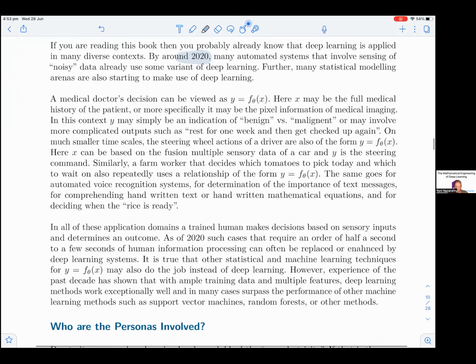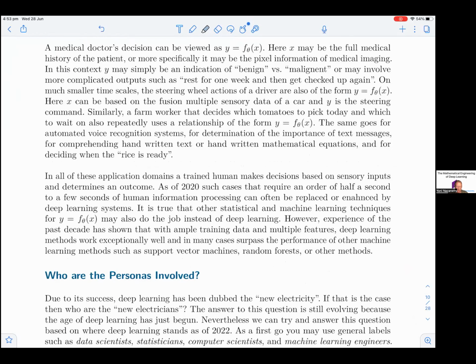Here, x may be the full medical history of the patient, or more specifically, it may be the pixel information of medical imaging. In this context, y may simply be an indication of benign versus malignant, or may involve more complicated outputs such as rest for 1 week and then get checked up again.